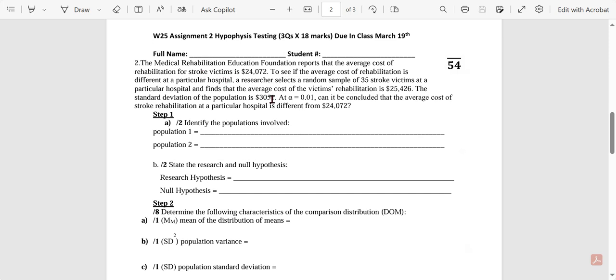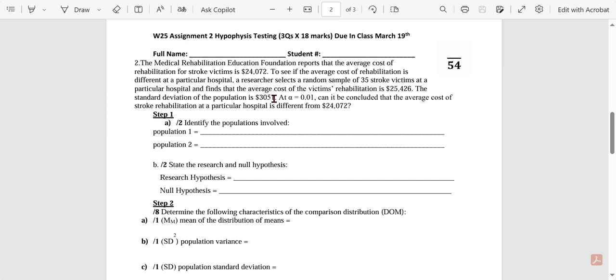Number 2, the Medical Rehabilitation Education Foundation reports that the average cost of rehabilitation for stroke victims is $24,072. To see if the average cost of rehabilitation is different at a particular hospital, a researcher selects a random sample of 35 stroke victims at a particular hospital and finds that the average cost of the victim's rehabilitation is $25,426.